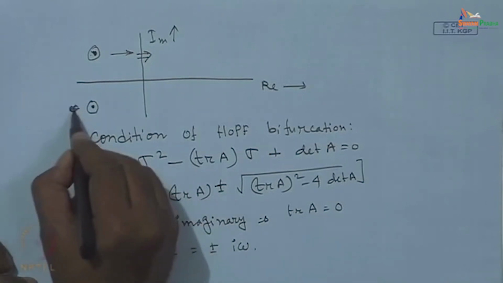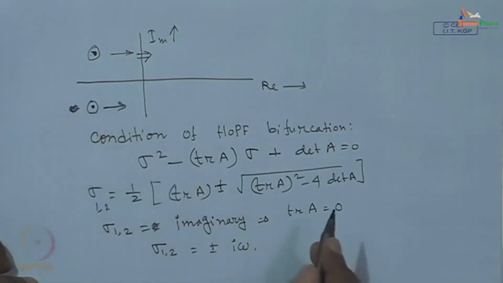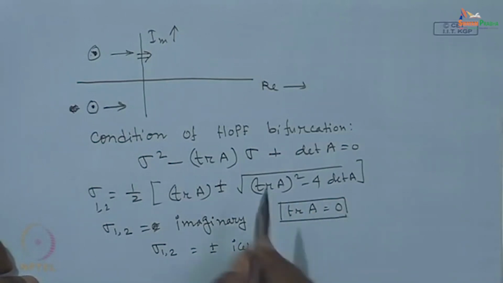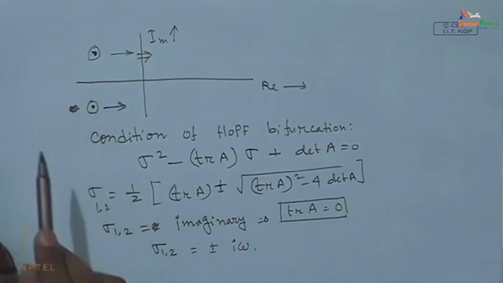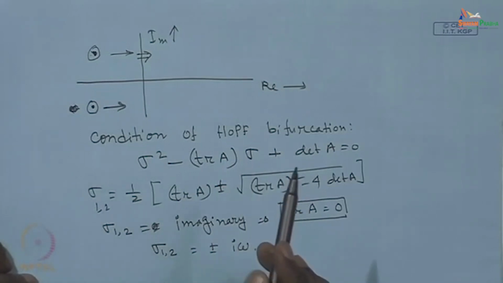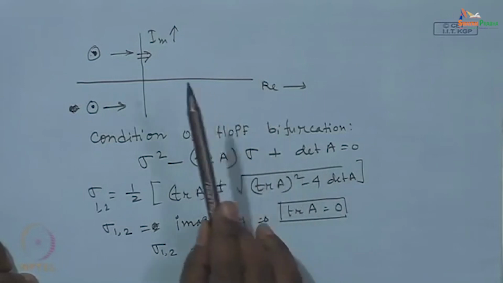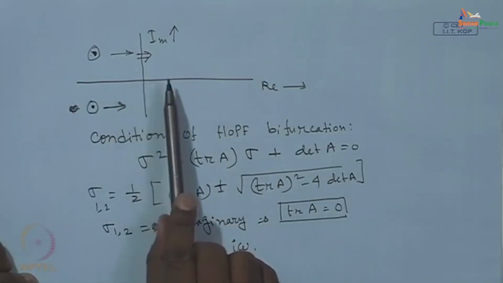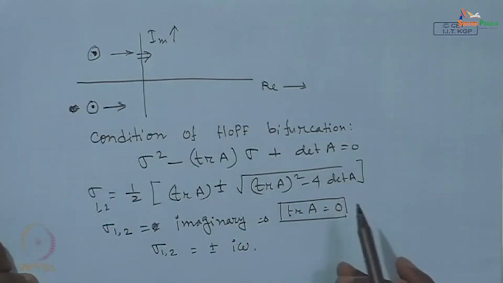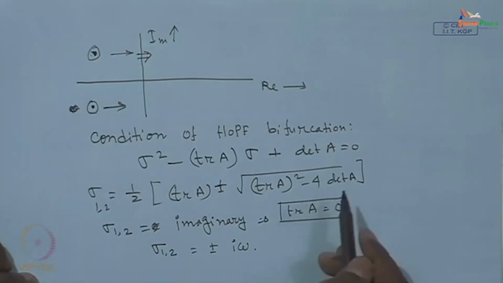In fact, they move in the same direction. At this point where trace of A becomes 0, both of these complex conjugate eigenvalues move from the left half plane to the right half plane, crossing over the imaginary axis, and the real part turns out to be positive. When the real part turns out to be positive, they become unstable.